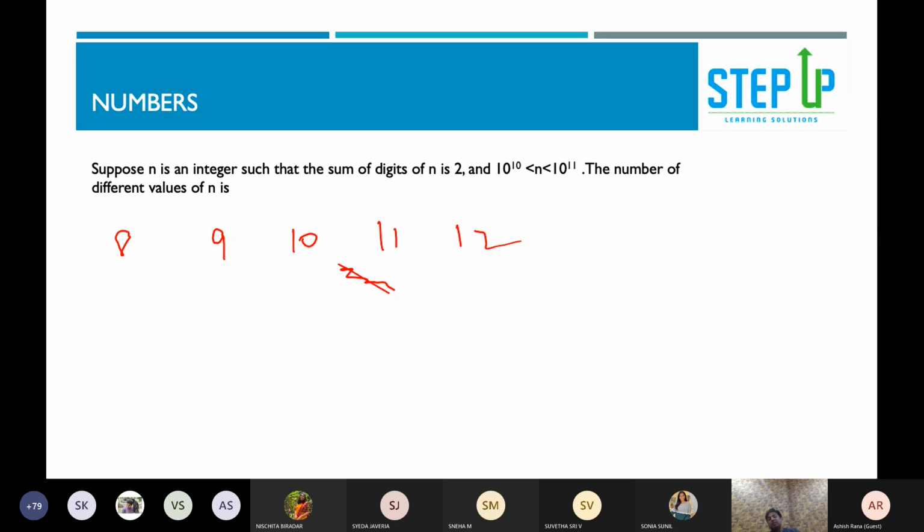The question seems difficult, but trust me, again a 30-second question, not more than that. Again, a general number question.